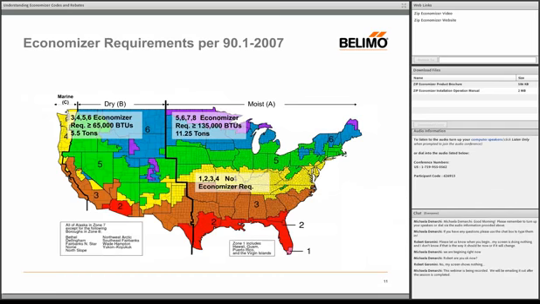Economizer requirements per 90.1 2007 leverage those of 2004, with zones 1, 2, 3, and 4 not requiring any economizers, but zones 3, 4, 5, and 6 in the dry climates do require economizers.